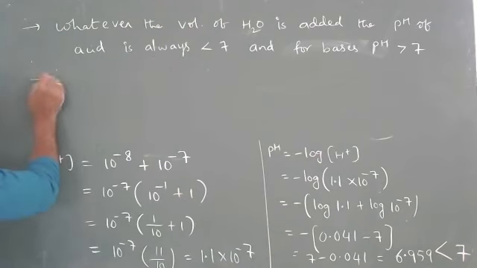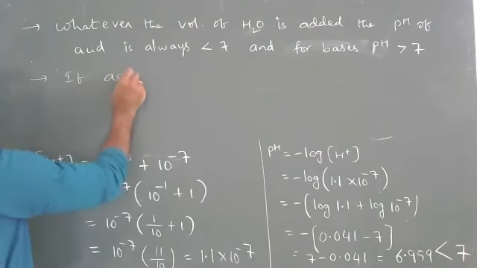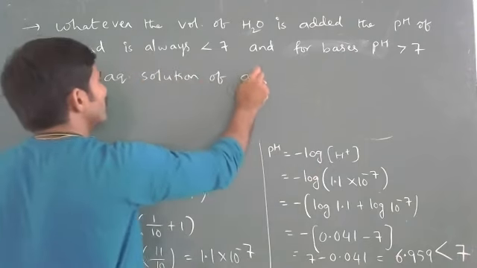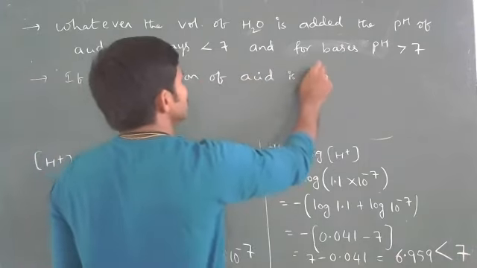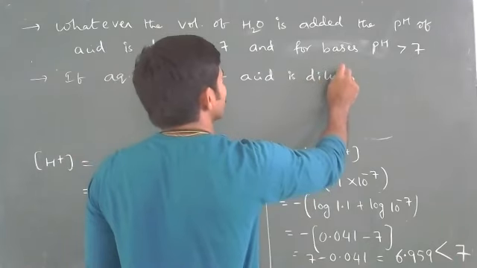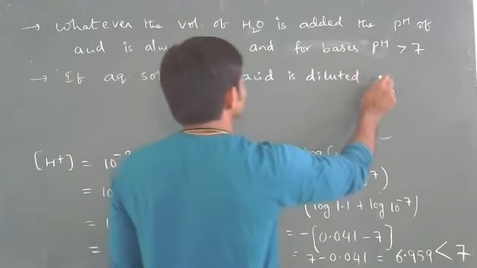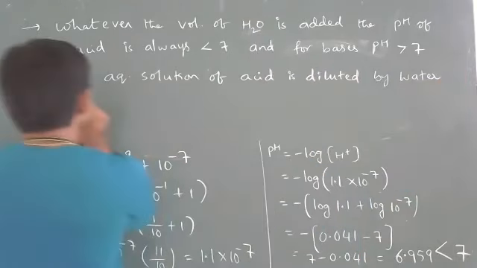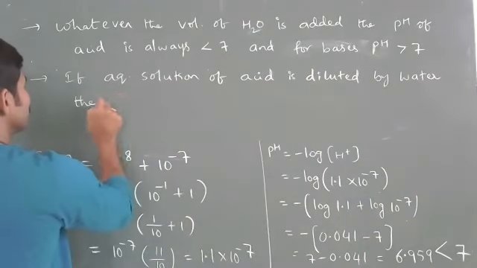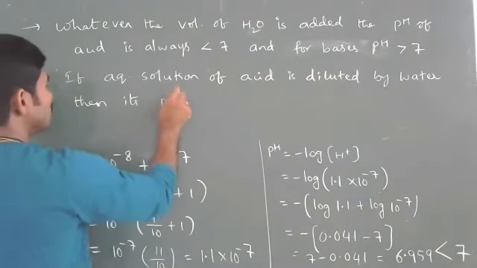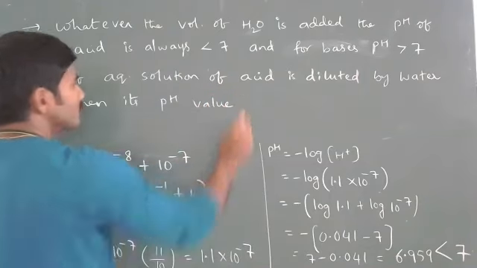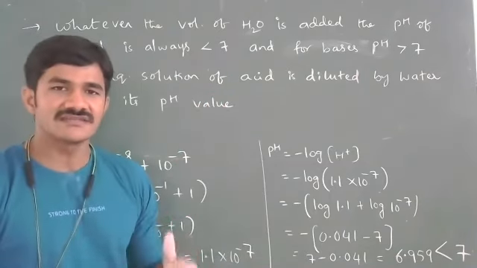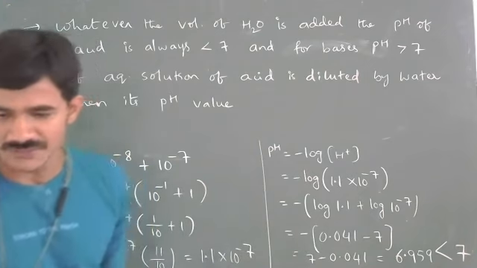Okay. Next point. If aqueous solution of acid is diluted by water, then its pH value. Can you tell me, when the acid is diluted with water, what happens to the pH value?